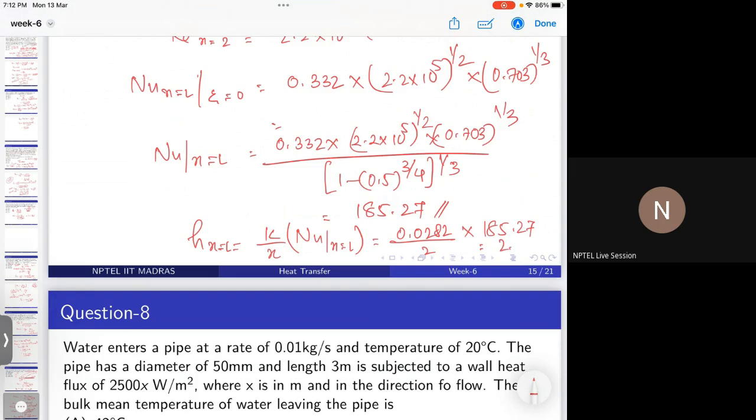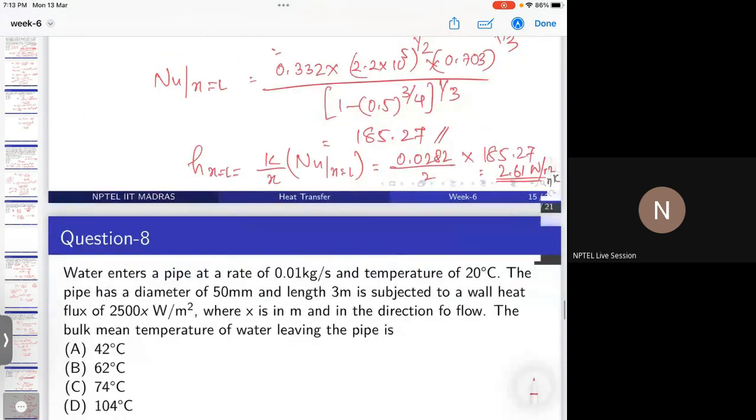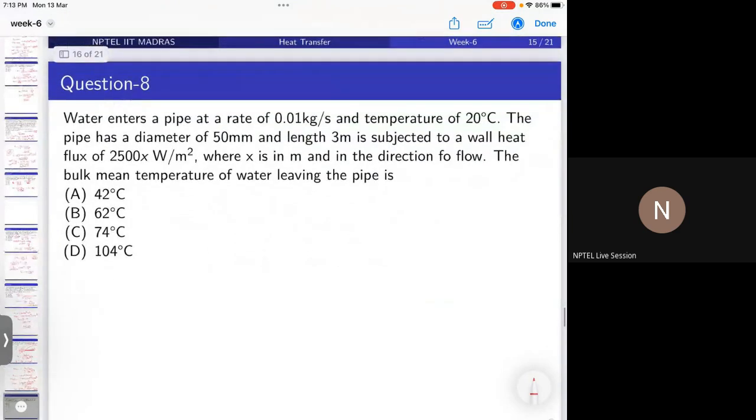So it will be close to 2.61 watt per meter square Kelvin. Okay, so this calculation you can do it later and check whether you are getting this answer or not.